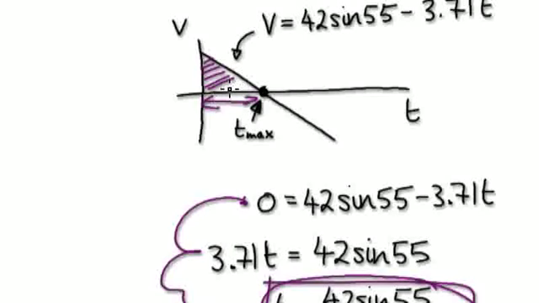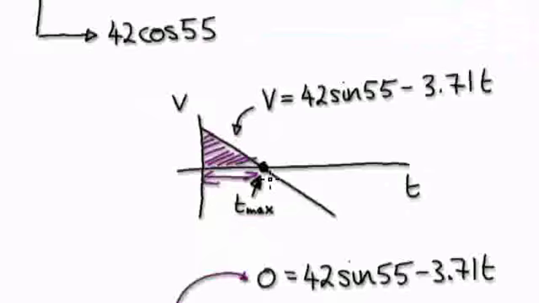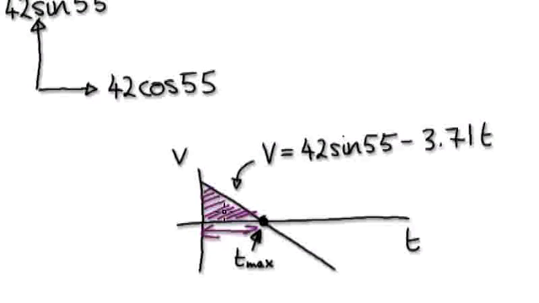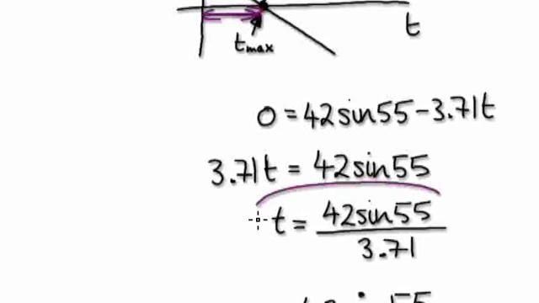Now that we've got the time it takes to get to the maximum height, we can work out the area here. This area represents the actual height. So that area here represents the maximum height. To work out the area, we need this height here, which is 42 sine 55, and this length here, the time, is given by this.